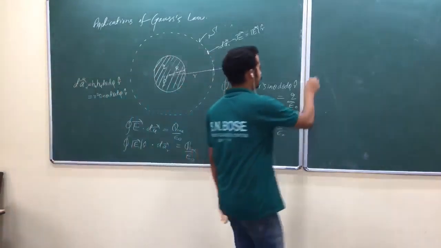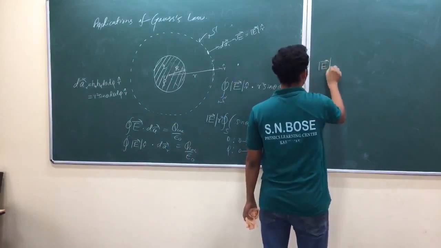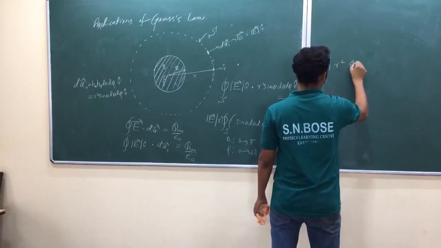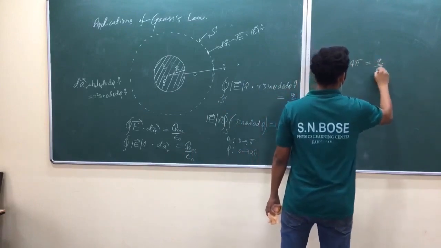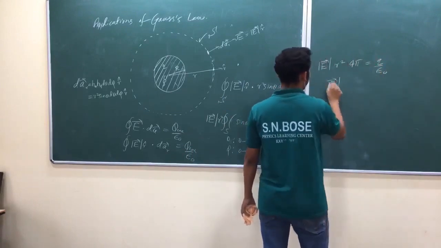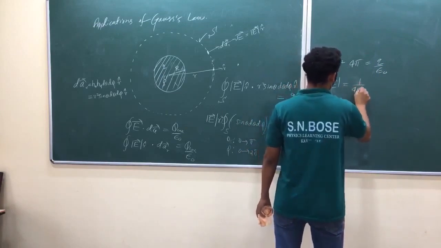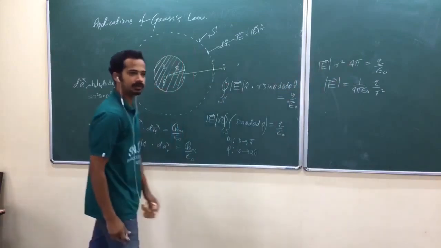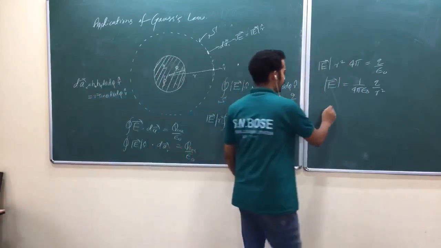Again, you have to write this step very quickly later. So first, try to get each and every idea. 4 pi, am I right, is equal to Q by epsilon naught. Magnitude of the electric field is 1 by 4 pi epsilon naught Q by r square. By inspection, we already got the direction. Now, how do you write it?